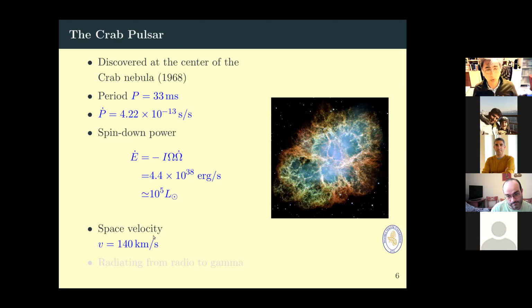We also know that pulsars have large velocities, and this Crab pulsar also has a space velocity of about 140 kilometers per second. And this object is radiating from radio to gamma rays. So in all bands, it's very active.